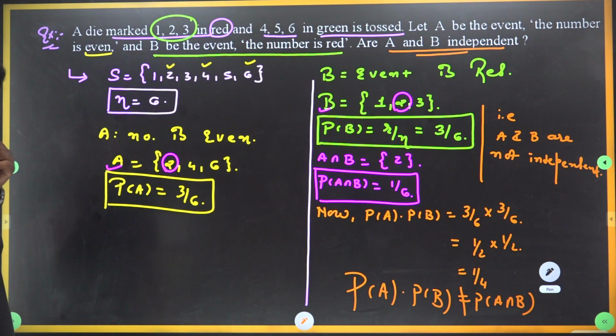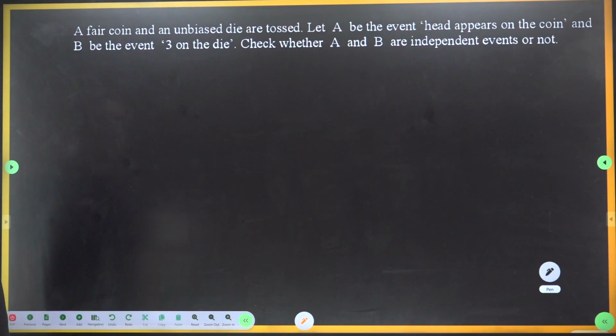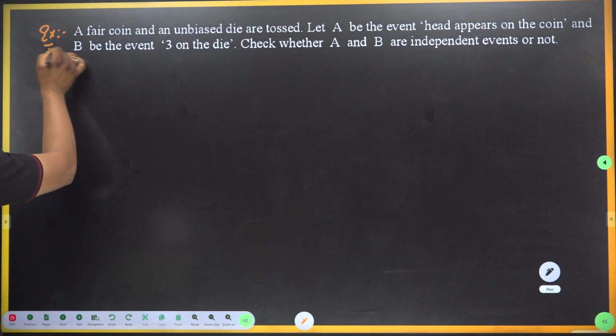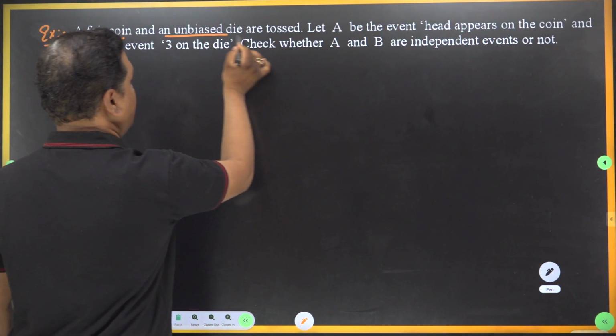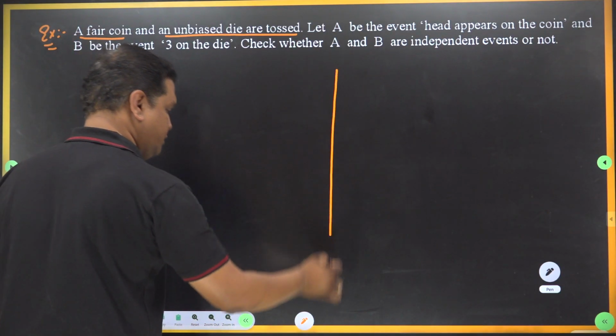Next one. A fair coin and unbiased die are tossed.